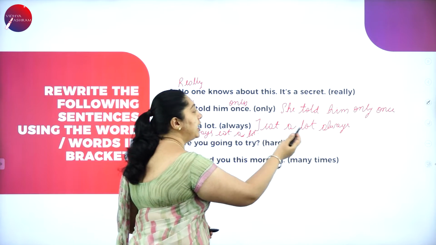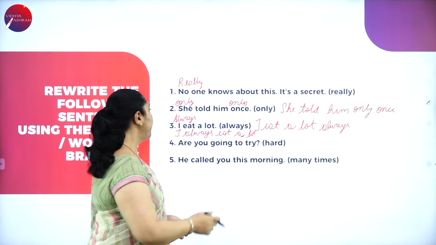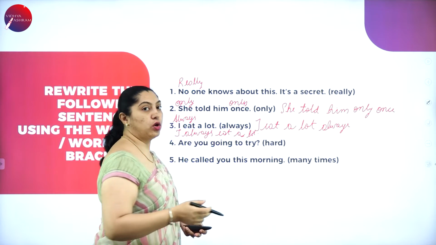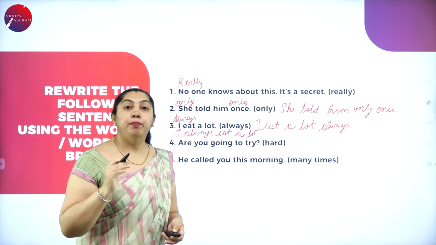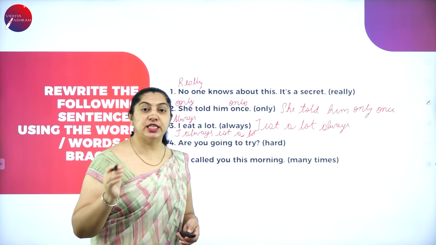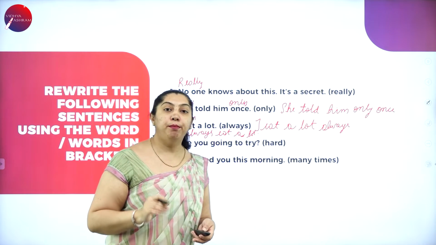I eat a lot always. Always I eat a lot. I always eat a lot. All 3 are correct. Here, nowhere does the meaning of the sentence change. However you write, it gives the same meaning.